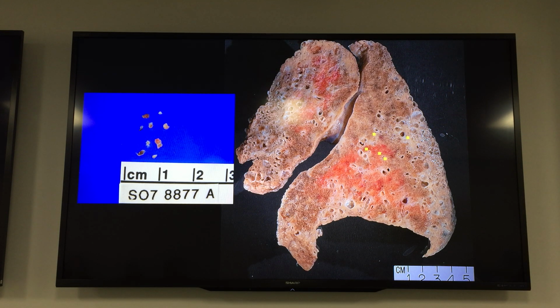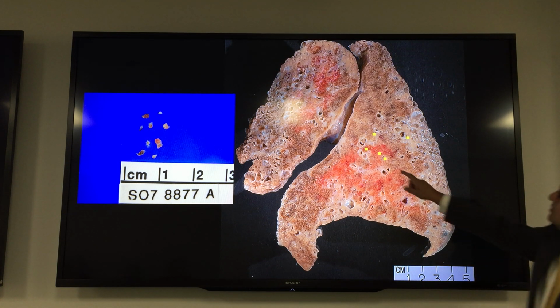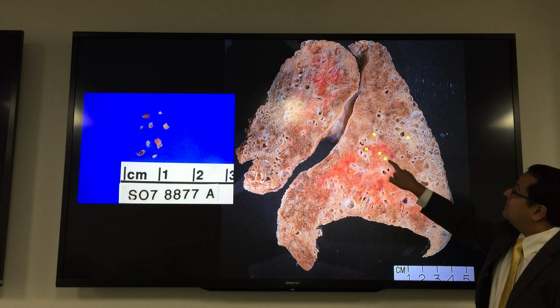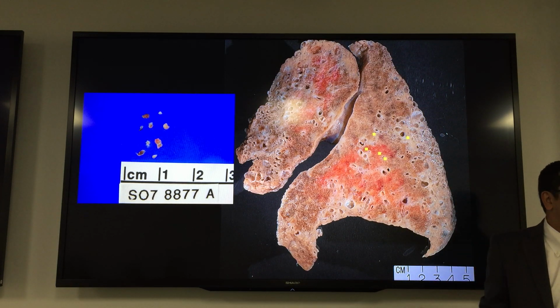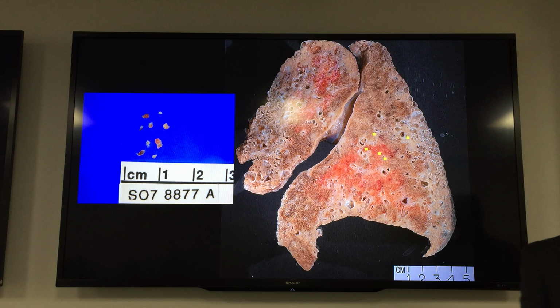What I want to show you here is what happens when a transbronchial biopsy takes pieces of tissue. In this picture on the right, this is an explant lung with UIP or IPF, and a transbronch will randomly sample pieces of lung here and there; sometimes you'll hit the lesion, sometimes you won't. It's not like you have image guidance to show you exactly where you are, like a CT-guided biopsy. Although bronchoscopists don't like to say this, this is essentially a blind procedure.